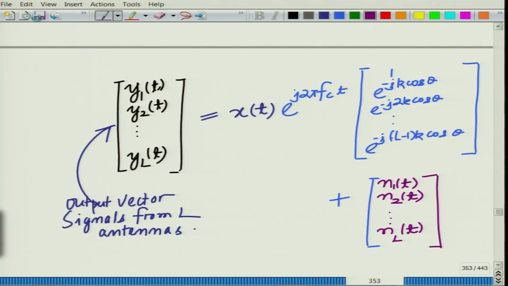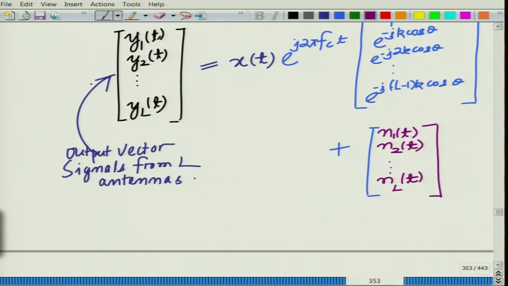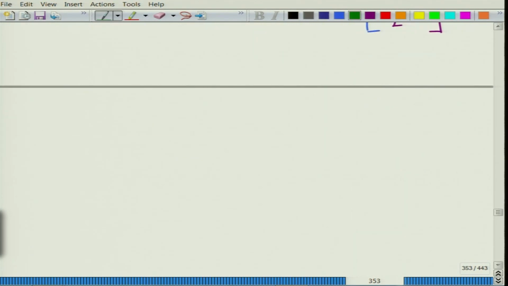And therefore, if you look at this, the interesting thing is that I can write this as my vector a bar of theta. This a bar of theta has an interesting structure.